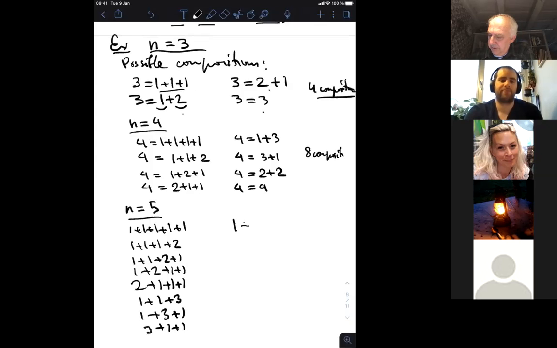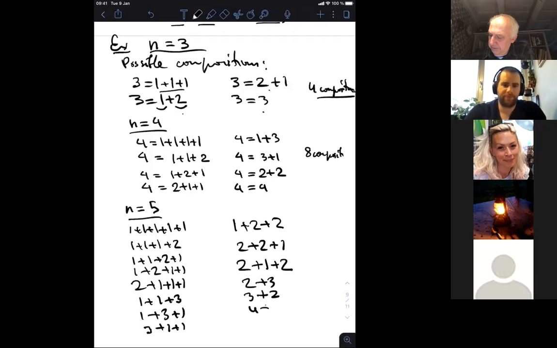Now 1 plus 2 plus 2, 2 plus 2 plus 1, 1 plus 2 plus 1 plus 2, 2 plus 3, 3 plus 2, 4 plus 1, 1 plus 4, and finally 5. So we get 16 altogether. 16 possible compositions.